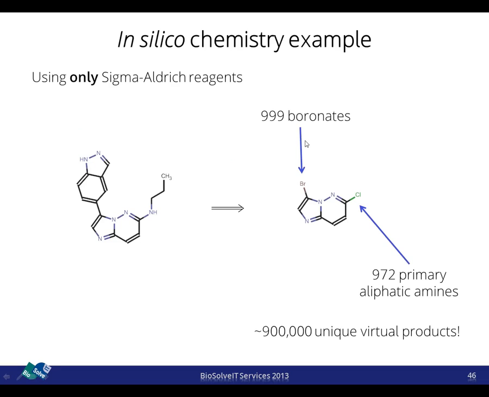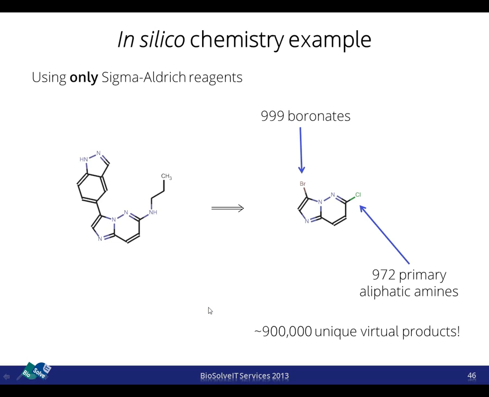So if you only use Sigma Aldrich, what you can find if you look at their medchem catalogs online, you can have 999 boronic acids or boronates. You can buy, if you only focus on primary aliphatic amines, 972. And so even just picking 2 limited compound sets, you're already generating over 900,000 unique virtual products.